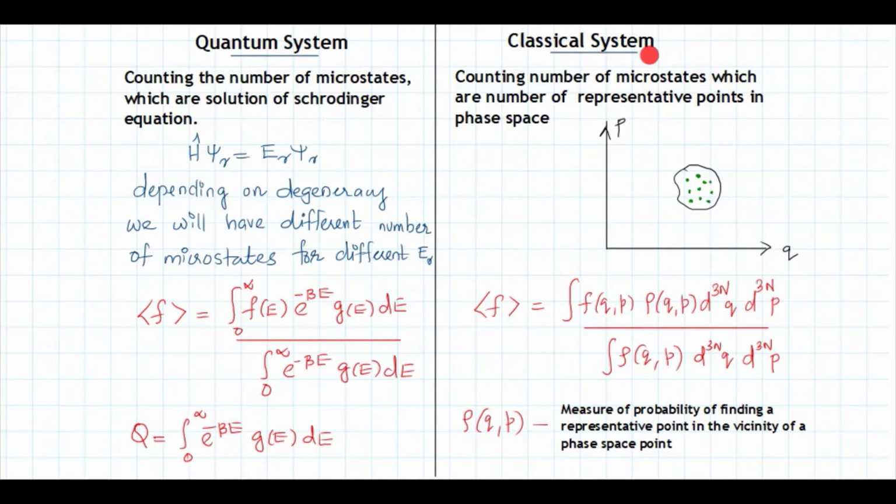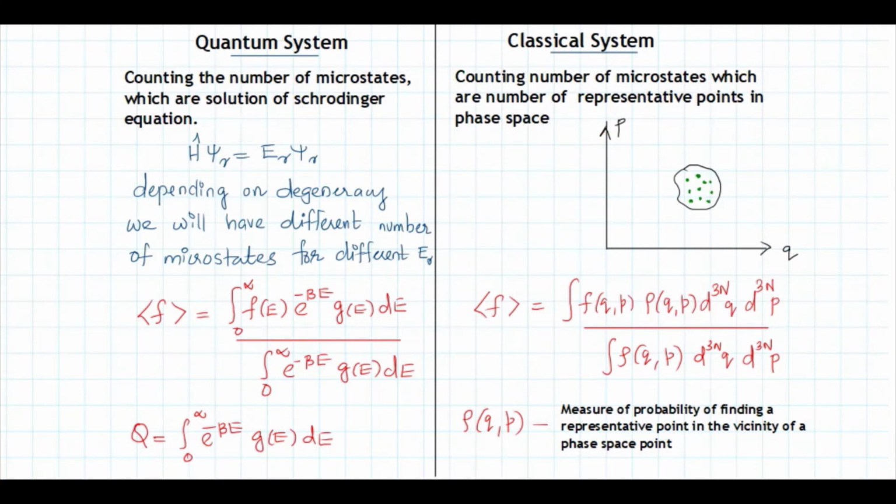Now, for classical systems, we have to deal with phase space. Here again we are going to count the number of microstates, but the number of microstates is the number of representative points in phase space.